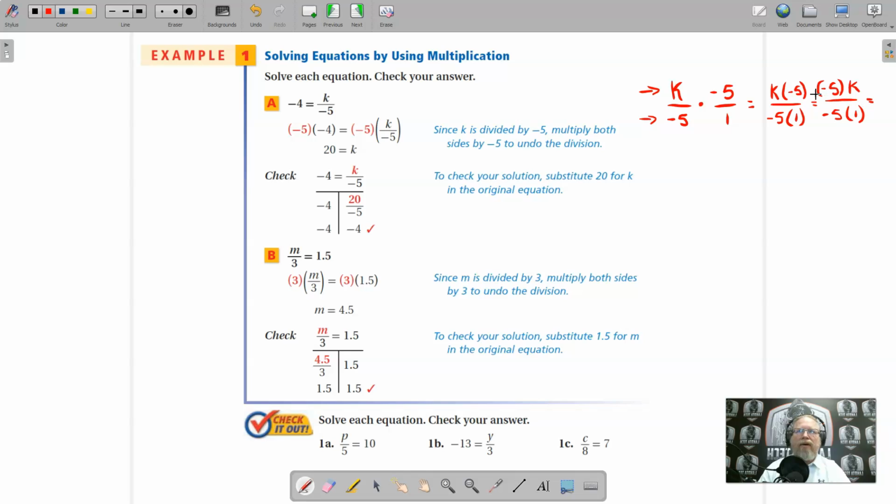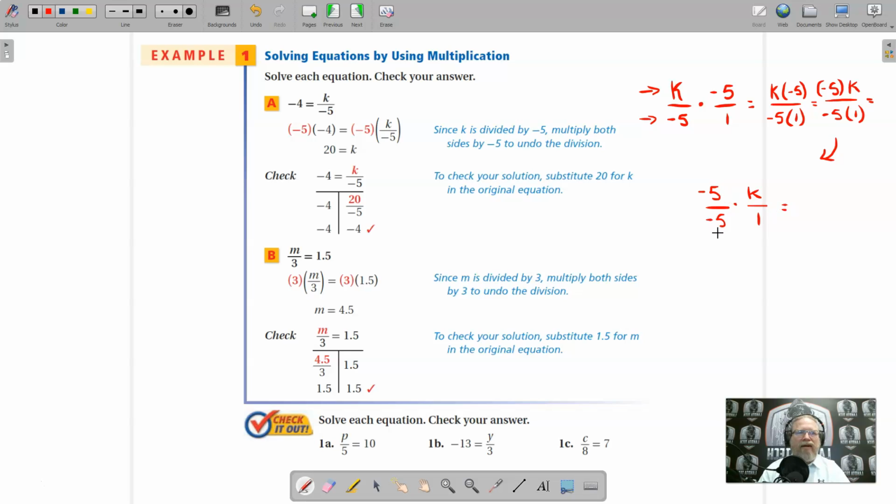Now, I can pull these apart. I'm going to go ahead and do that down here. Now I'm going to take -5 times k and write it as -5 times k, and these are going to be fractions still. And here I have the -5 times 1.